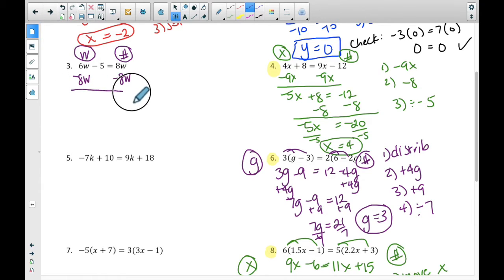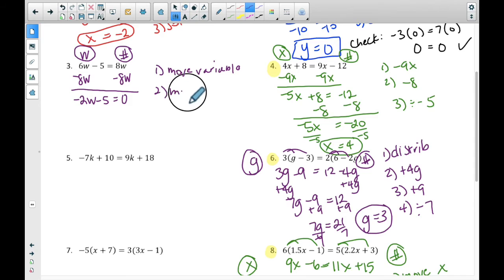Okay, so I subtract my 8W. I get a negative 2W minus 5 is equal to what? Well, it's dropped off. What do I write if it's dropped off? You write a 0. Okay, if it drops off, you just write a 0. So my first step here was to subtract, or I'm going to say move the variable, the W, and my second step is going to be move the number, in this case the 5.